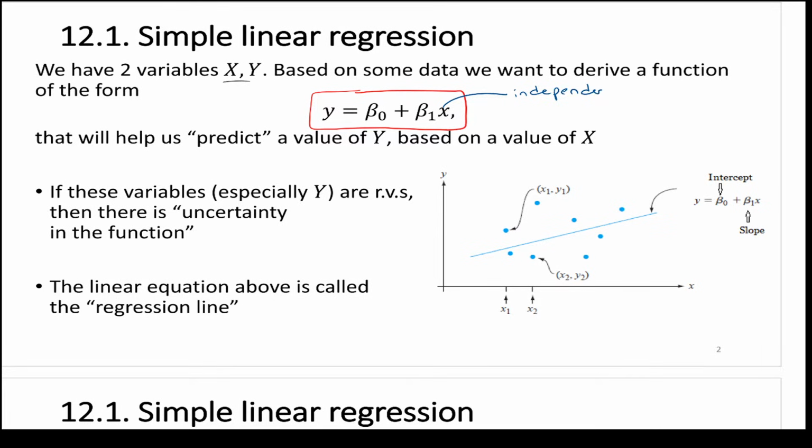Y is called the dependent variable. You've been doing algebra for however long, so you know this about x and y. We will predict the value of y based on values of x.